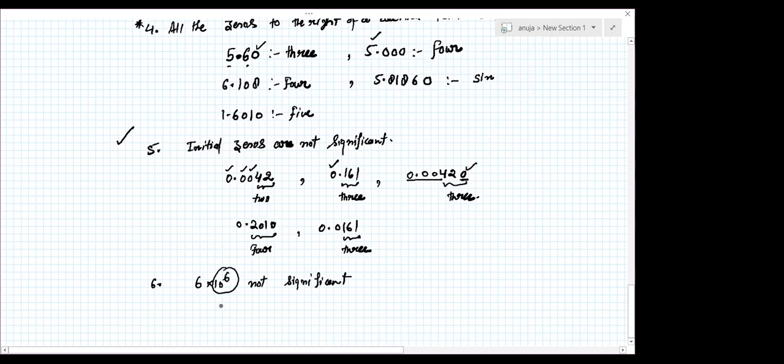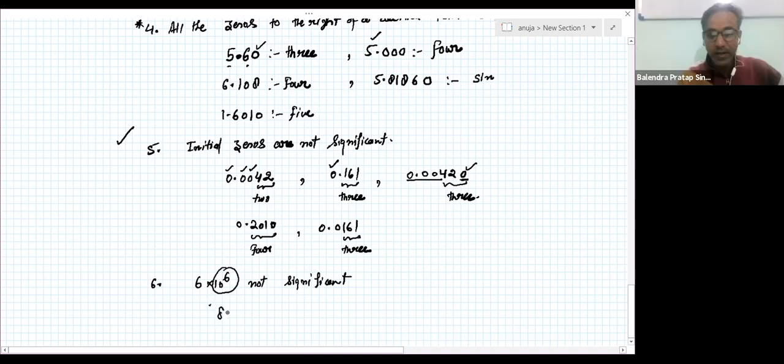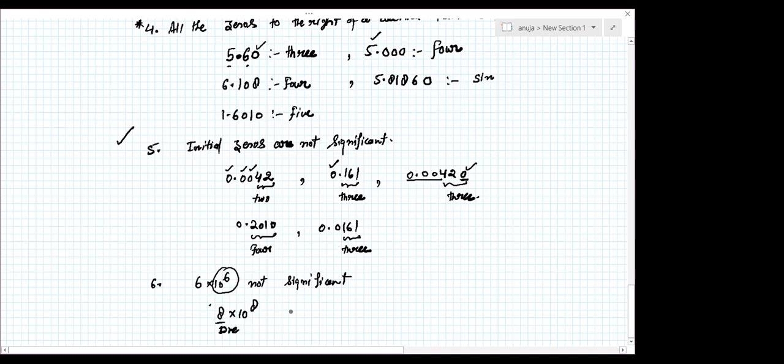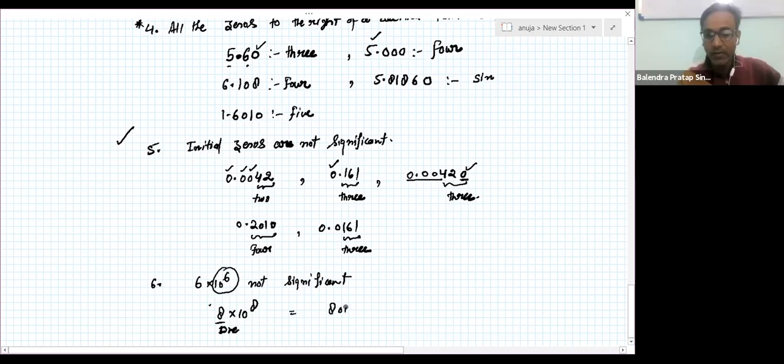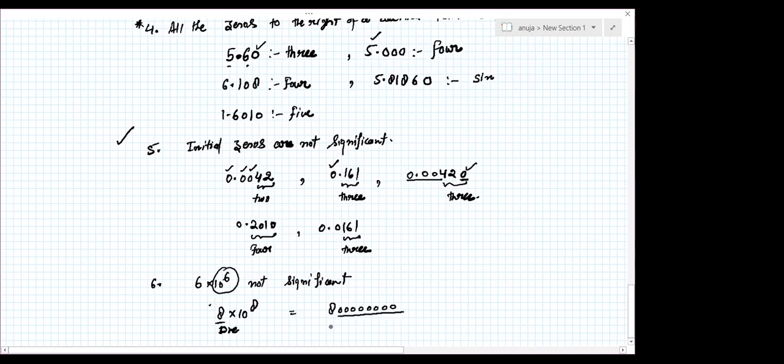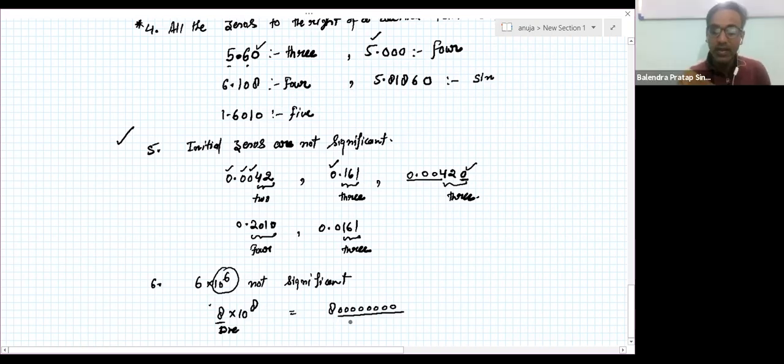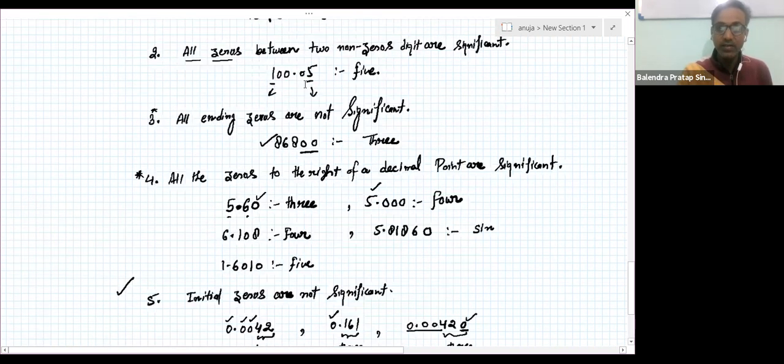Is it clear? Suppose a number is written as 8 into 10 raised to the power 8. So how many significant figures is it? Only 1. Because you can write this number as 8 followed by eight zeros, and as rule number 3 says, you can leave these ending zeros. So these are basically the 5 rules to find significant figures or significant digits.